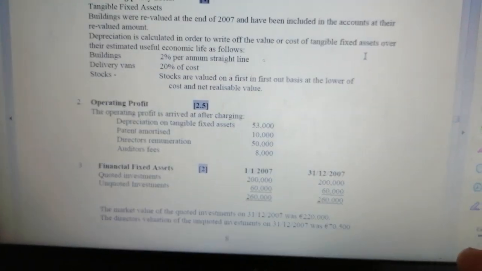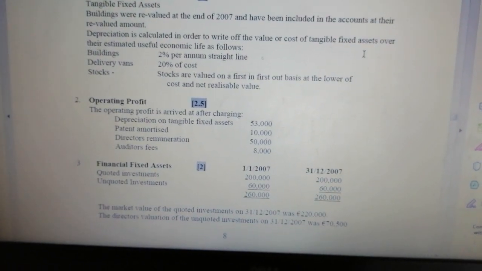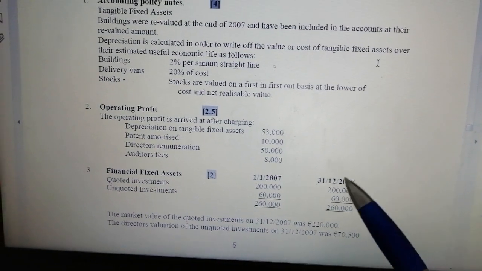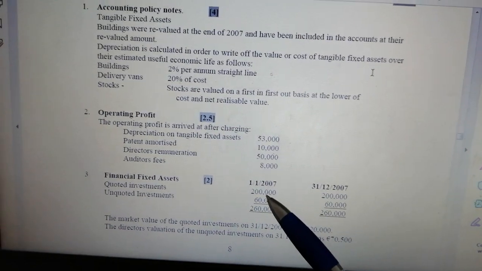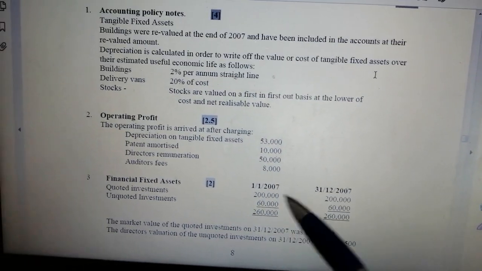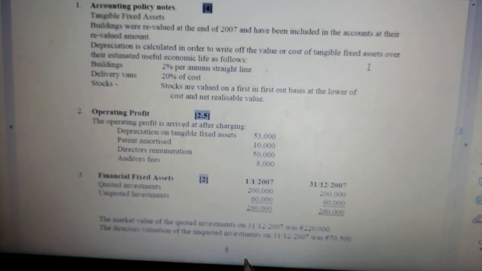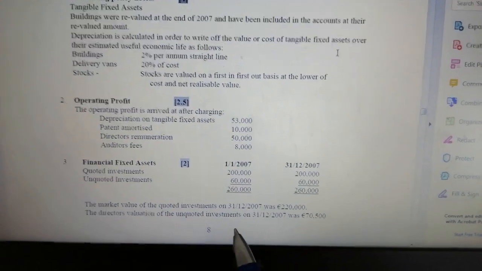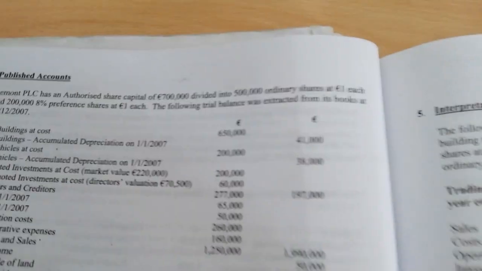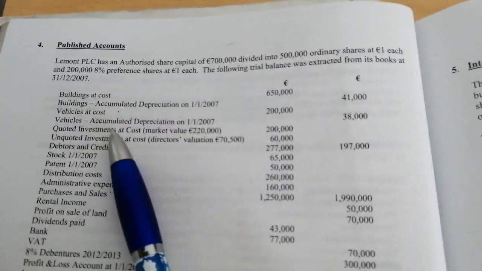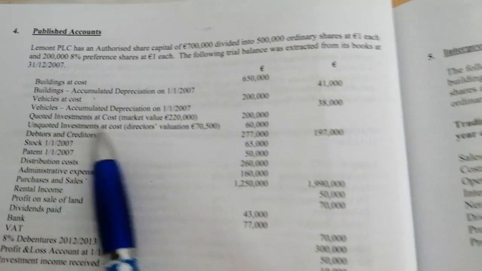Whatever amounts are in the trial balance at these dates, you just put them directly in here. However, let's go over and look at the question so we can see it. Over here we have quoted investments, unquoted investments.